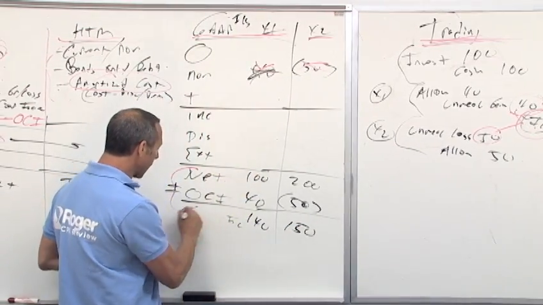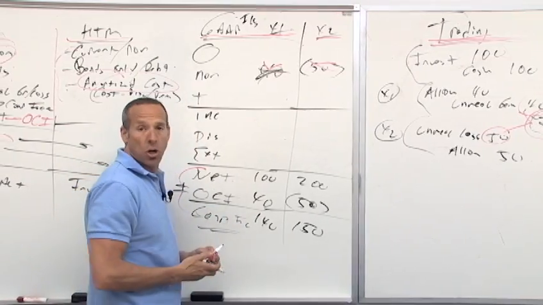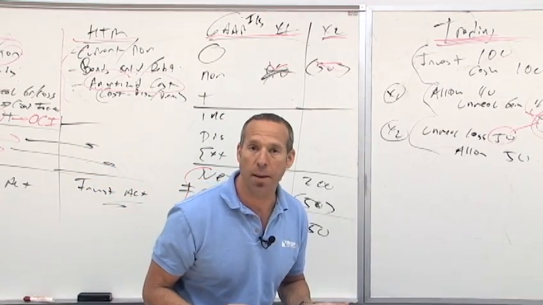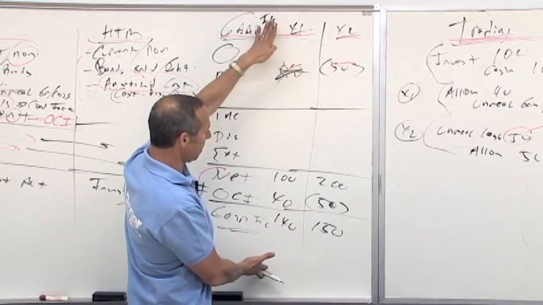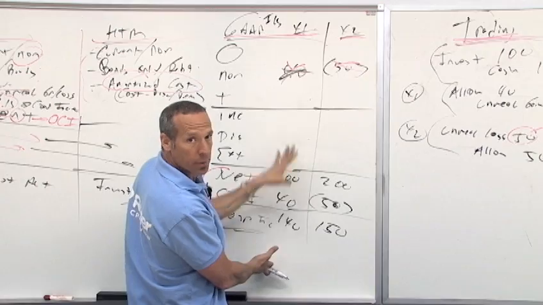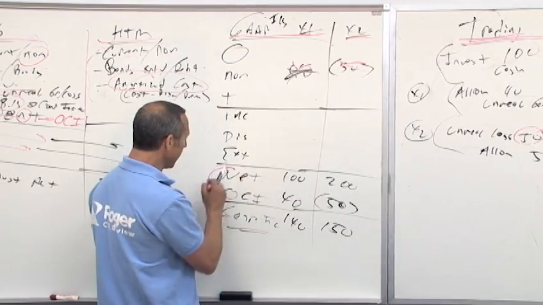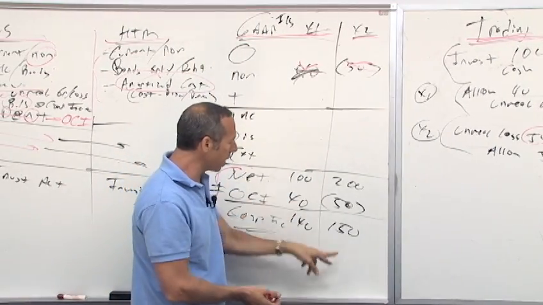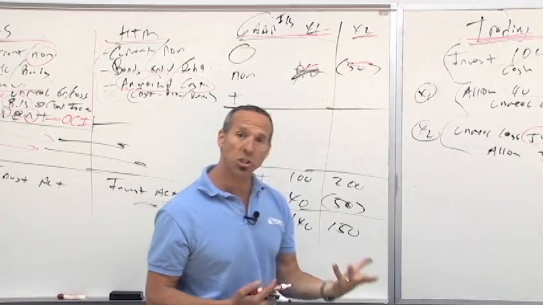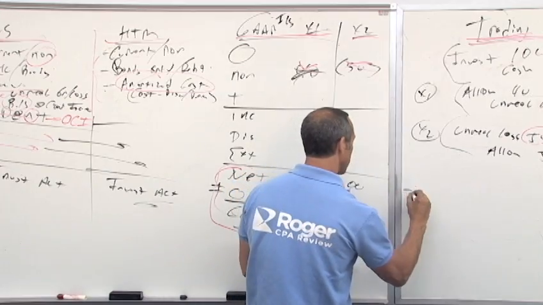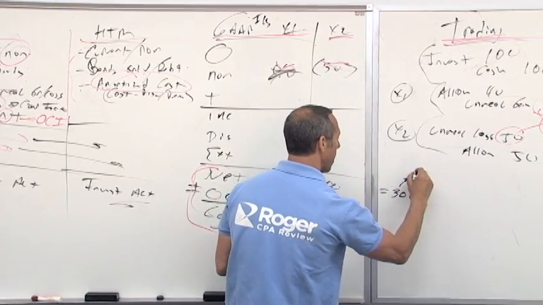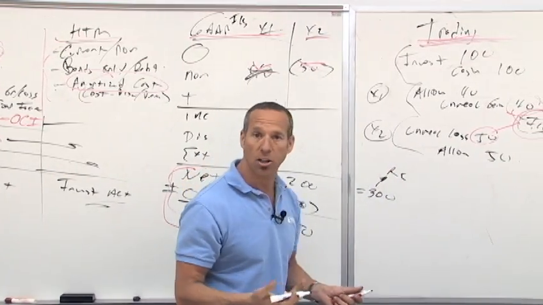Now what is this word comprehensive income? It shows up only on a comprehensive income statement. Because the way we can show comprehensive income, it could be a statement of income and comprehensive income, or it could be a comprehensive income statement just starting with net income and going to this. But here's where it shows up in the financial statements. Watch this. Net income plus net income is 300. That goes to where? Retained earnings. That's where income gets closed out into.